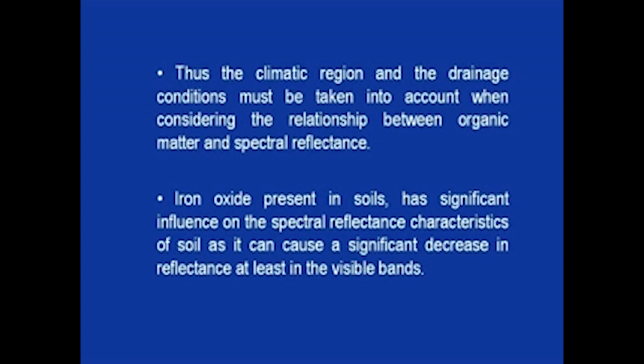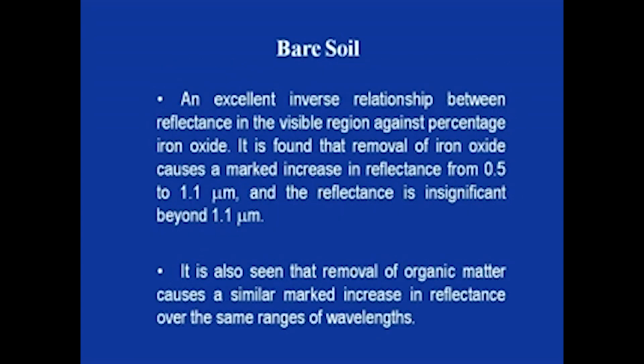Iron oxide present in soils has a significant influence on the spectral reflectance characteristic of soil, as it can cause a significant decrease in the reflectance, at least in the visible bands. An excellent inverse relationship has been found between the reflectance in the visible region and the percentage of iron oxide.